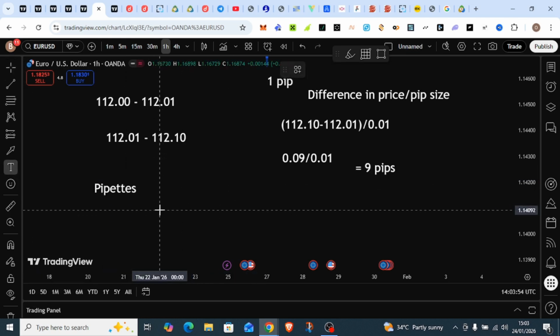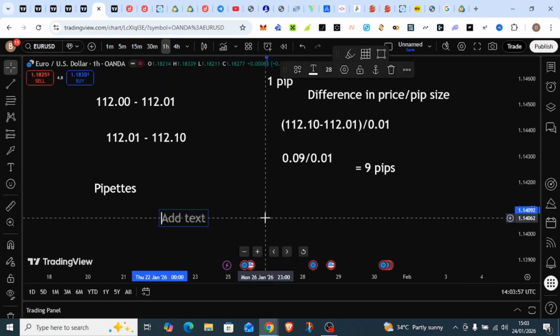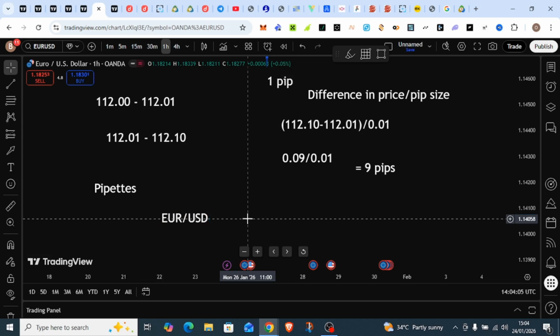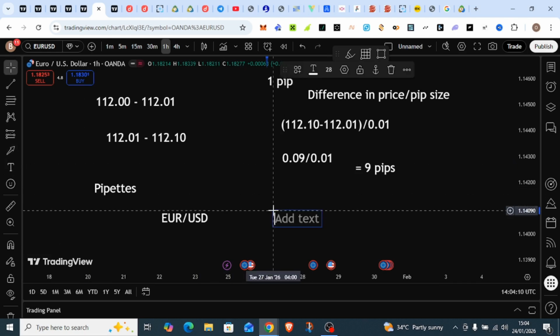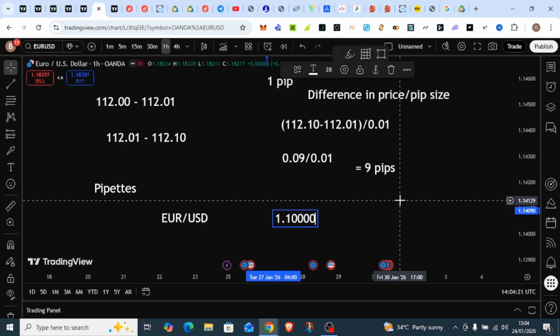So let's have something. If we have like Euro USD pair, I have a price of 1.11234 to 1.10001.